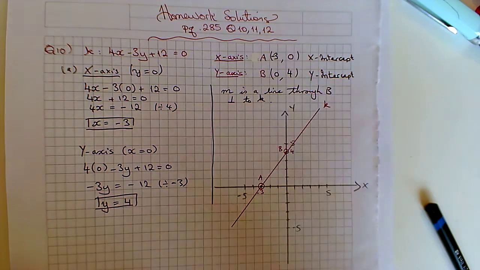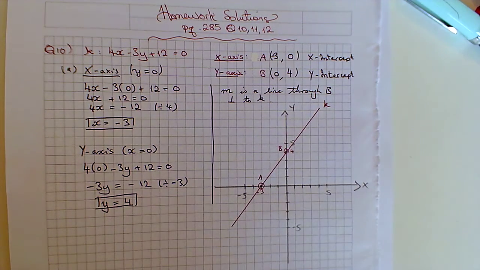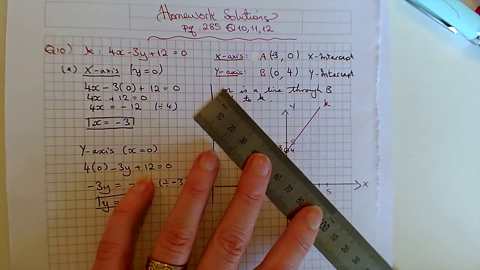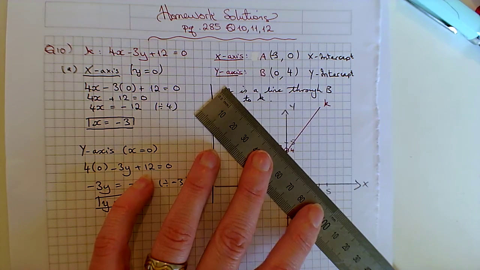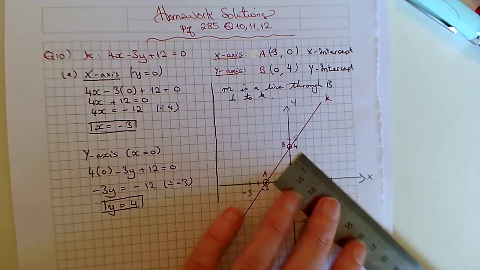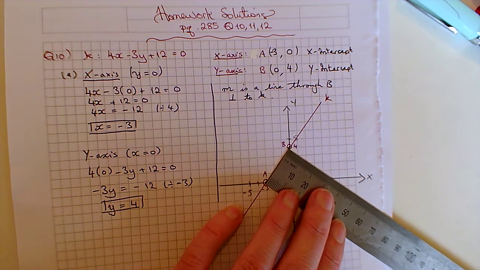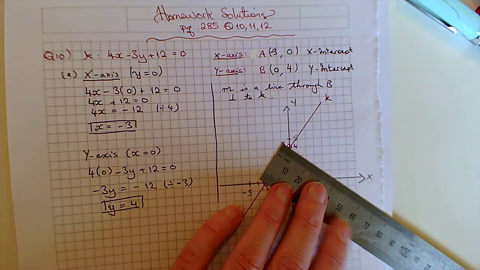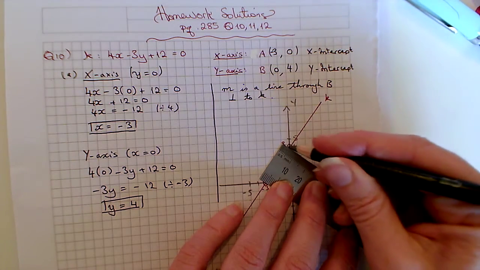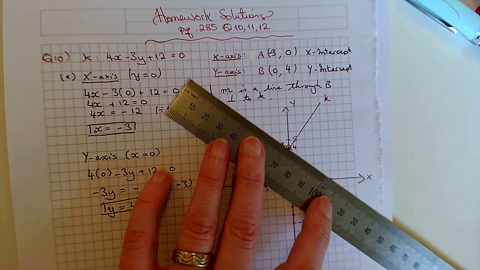Now, the second thing I was told is that M is a line that goes through B and is perpendicular to K. So we need to draw a perpendicular line here. You can use your set square. Let's use my ruler even. It must go through the point B, and it's perpendicular.